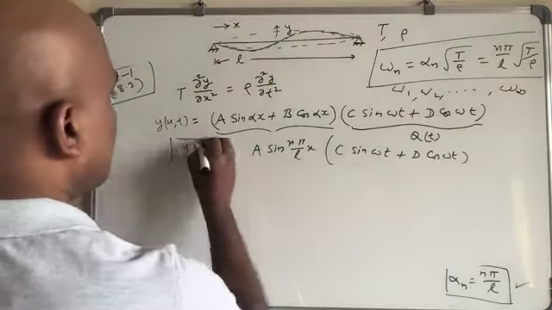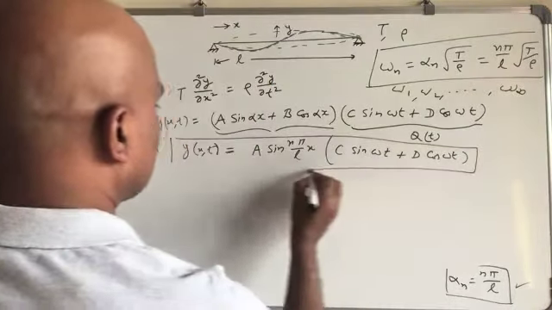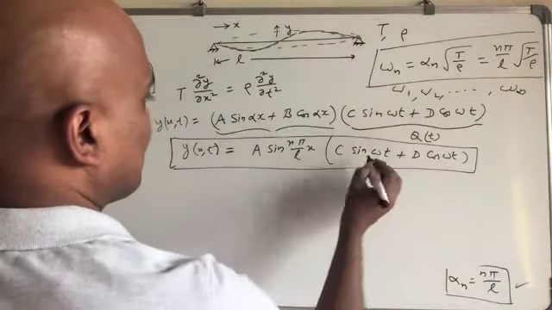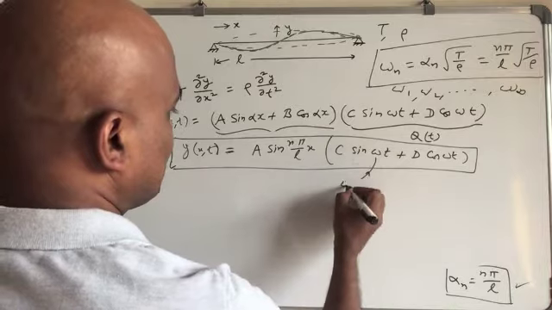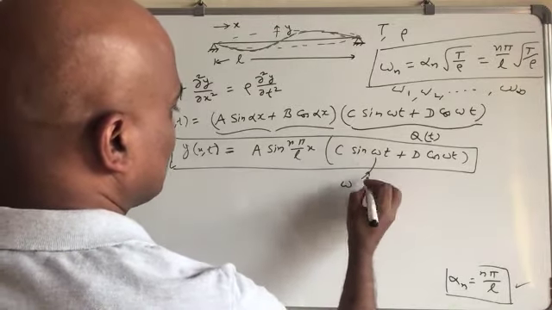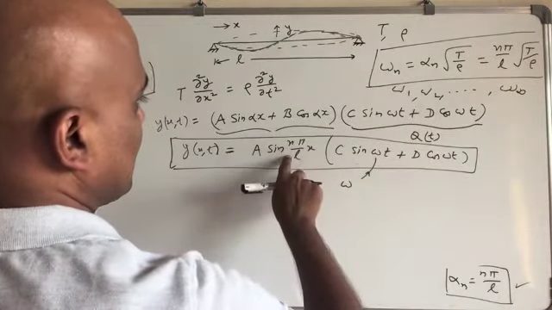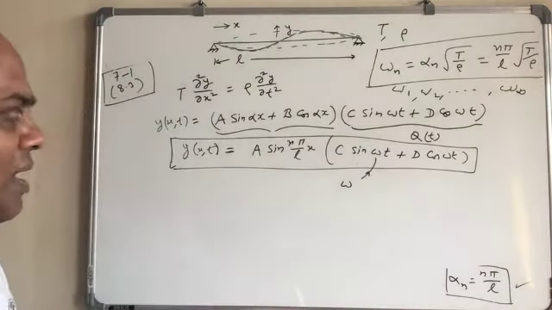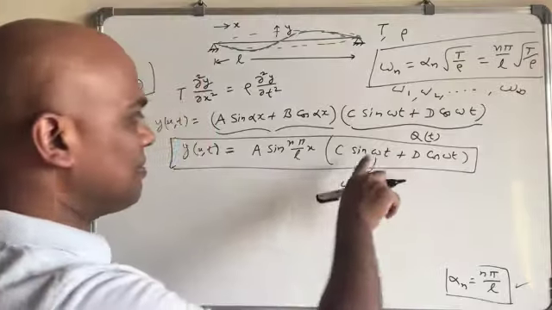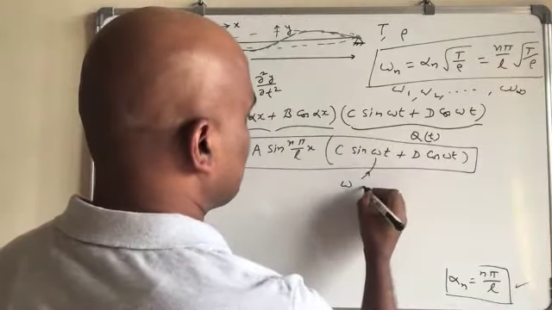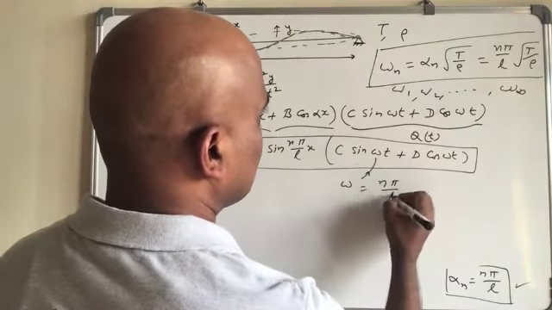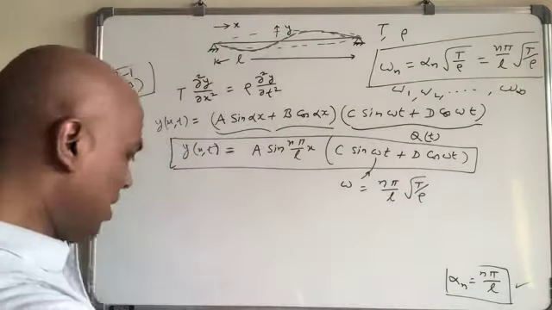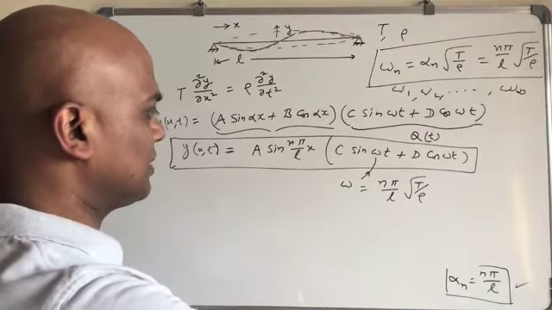This is the equation we have right now. And omega, for different n, we have different omegas, given by n pi over L times root T over rho. This is how they are related.